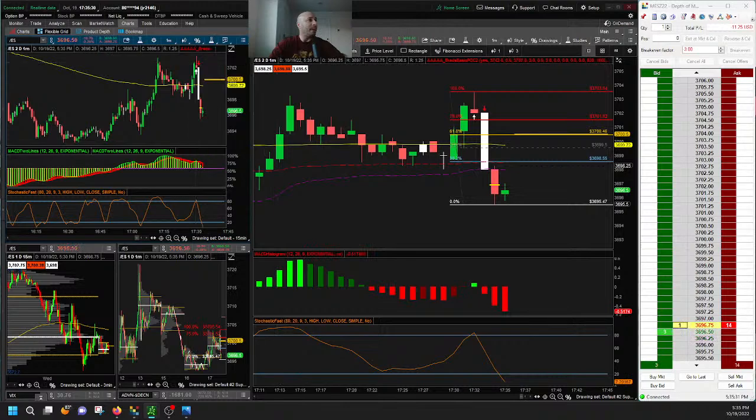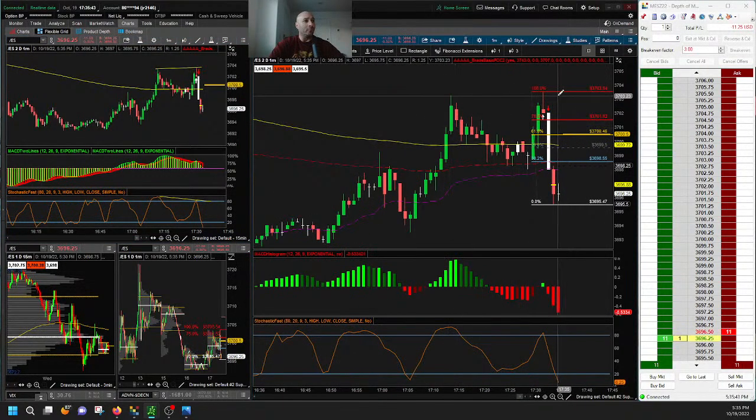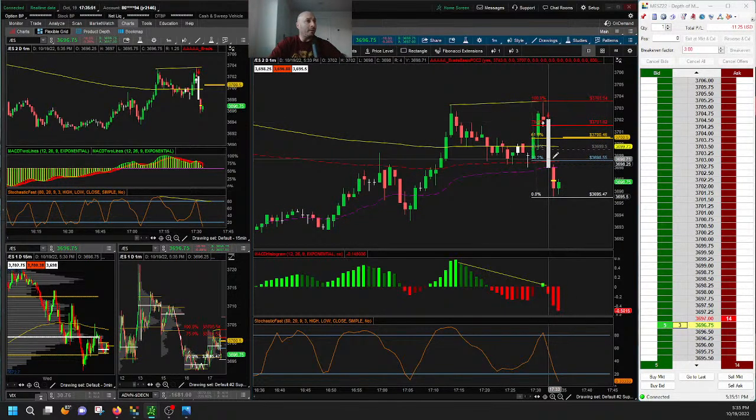Because we did make a higher high by 1 tick, but we made a lower high here. Look at this divergence right here. And even here, right, there's divergence because look at this move right there. So we'll see. Should have caught that, but it happened so quick. I was just trying to get that quick low bounce, but we will see what happens.